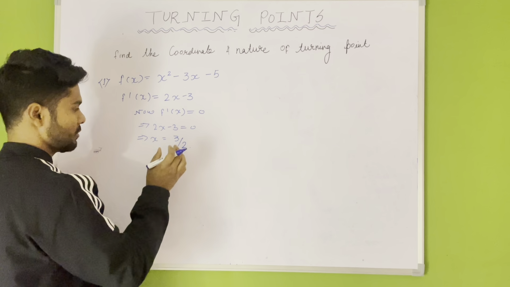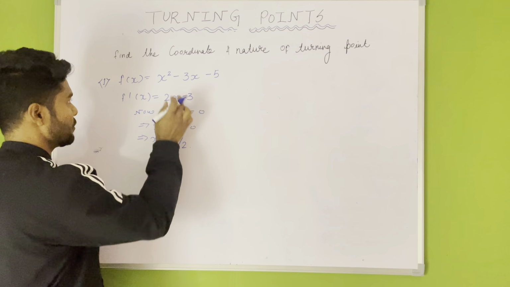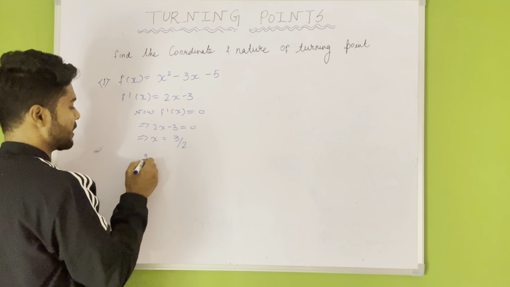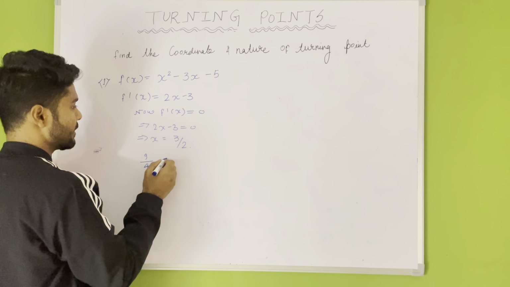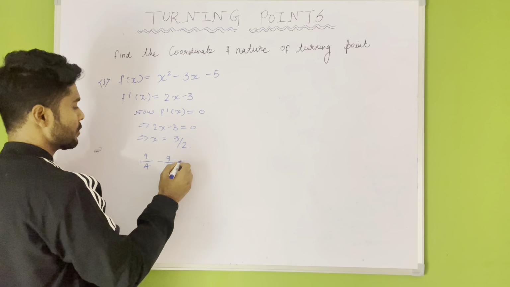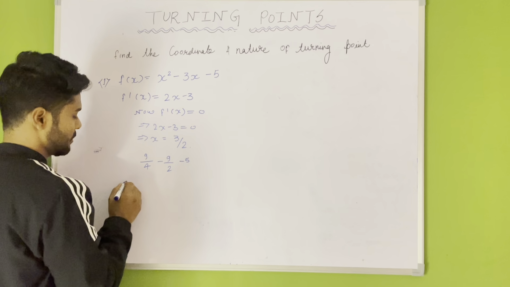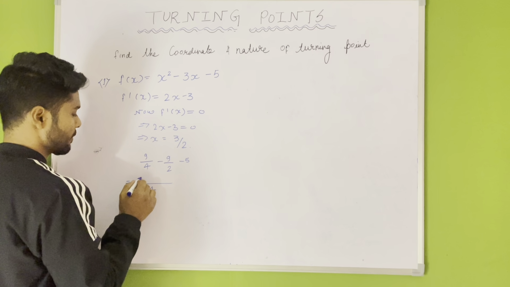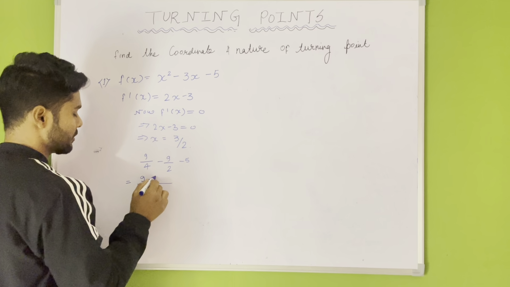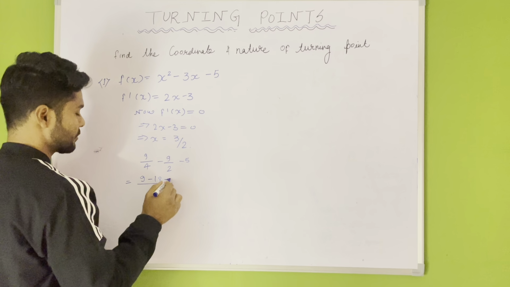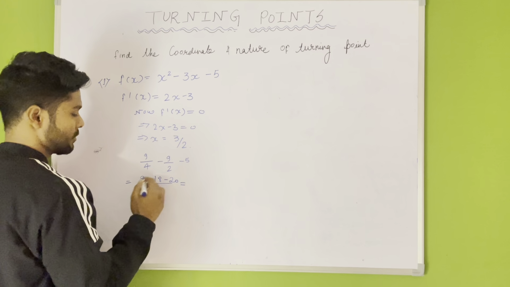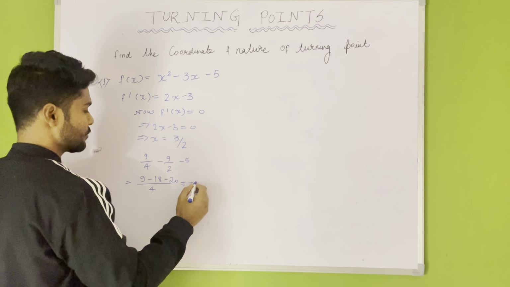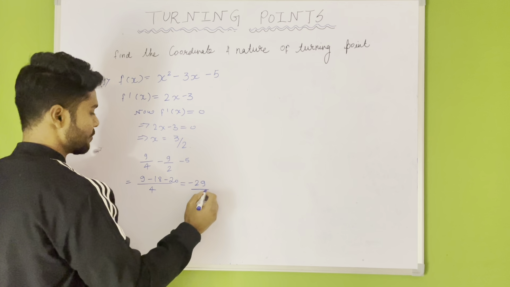Now we will put the value of x, 3 by 2, in this equation. Therefore 9 by 4 minus 9 upon 2 minus 5, which is equal to, this is 4, this is 9, this is 18, and this is 20, which is minus 29 upon 4.